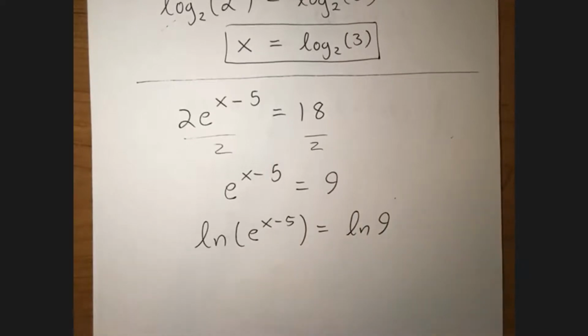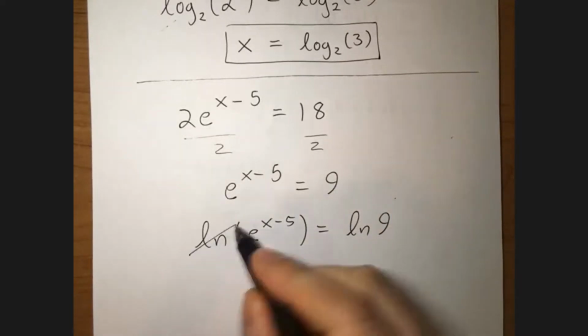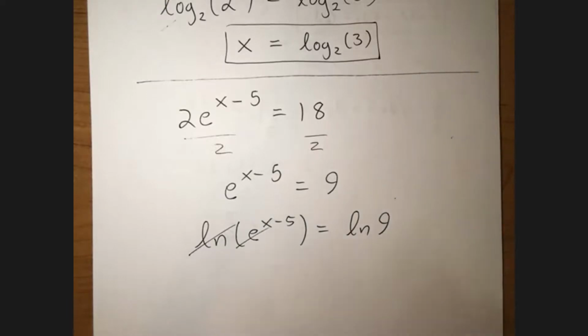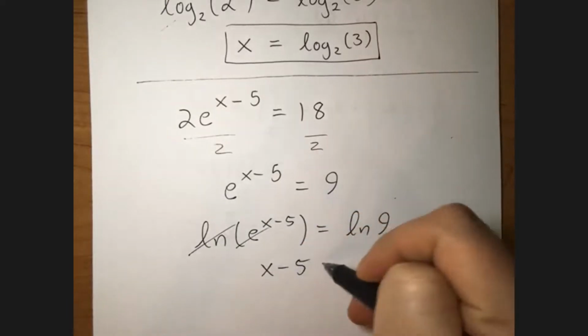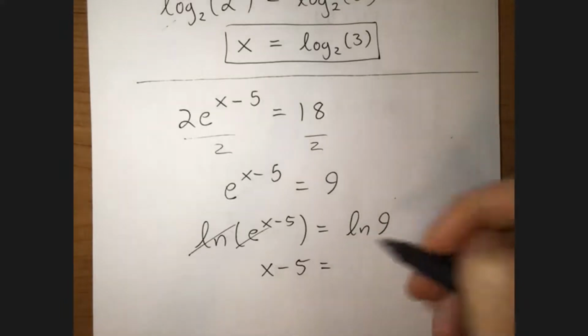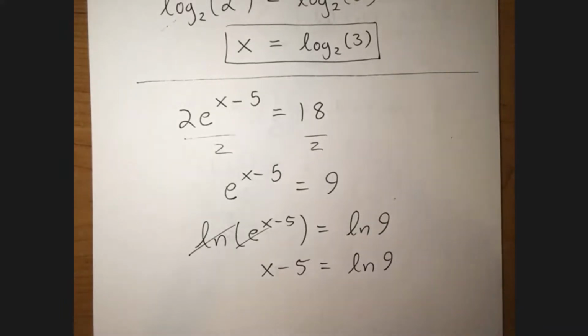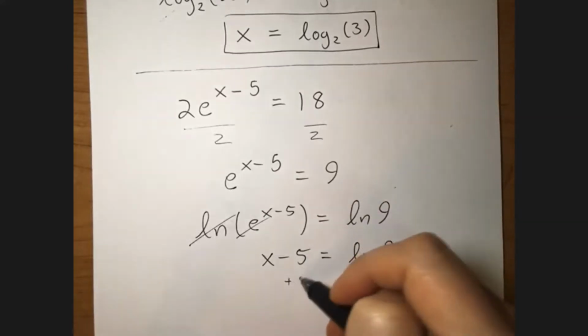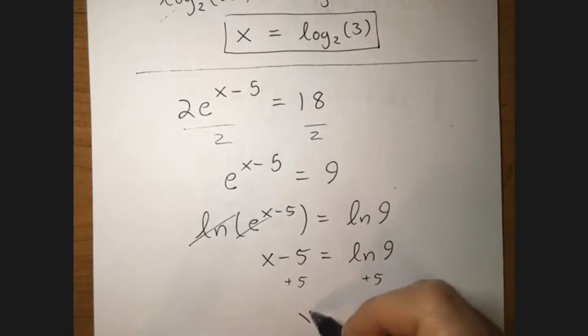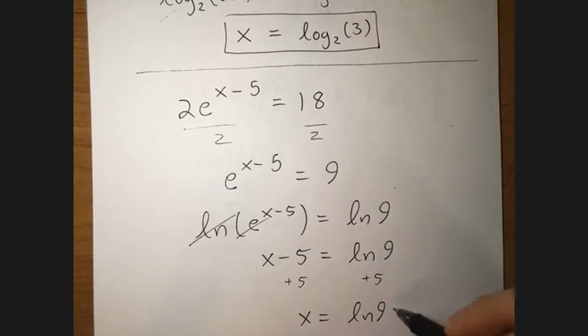All right, well, from the inverse properties of logarithms, these cancel off, so I'm just left with x minus 5 over here. And on the right-hand side, I can't simplify it. I just leave it as log 9, natural log of 9. And then I add 5 to both sides, and I've got my answer.